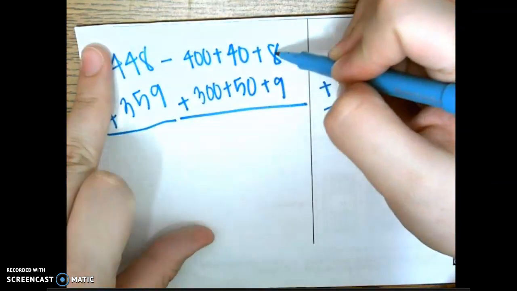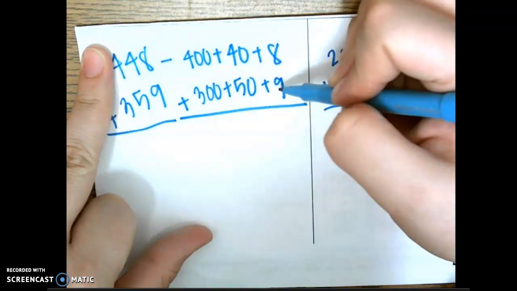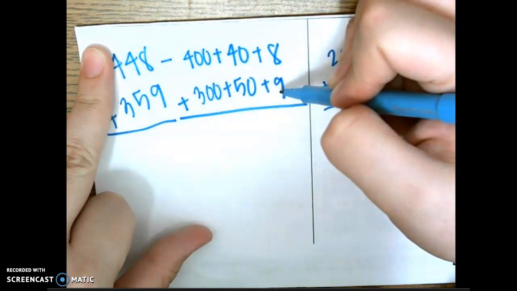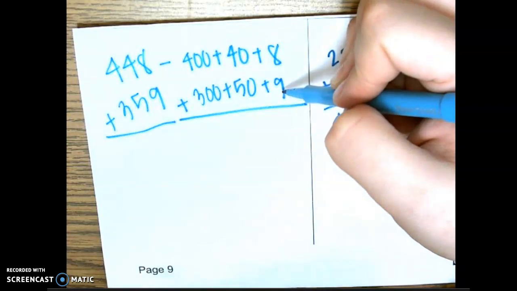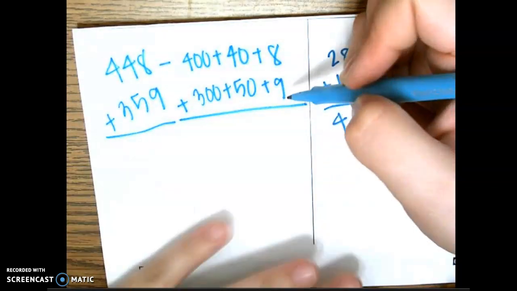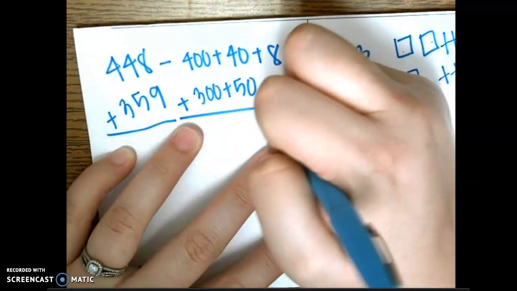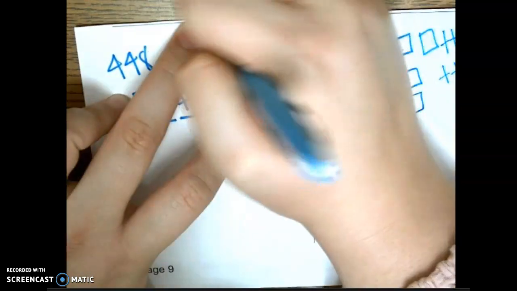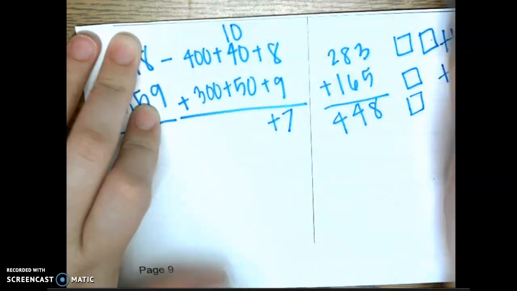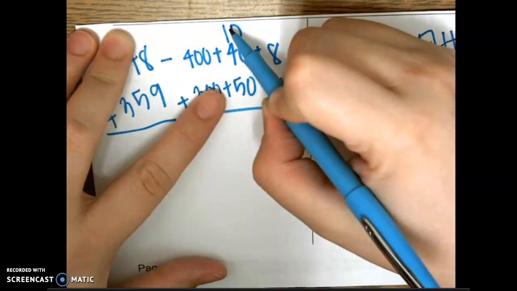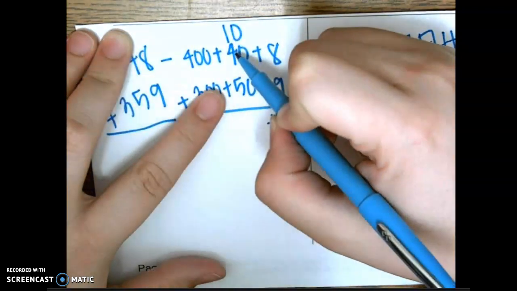So 8 plus 9, what is 8 plus 9? 17. I'm going to put my 7 here, and I'm going to carry my 10. Okay? 10 plus 40 is 50.